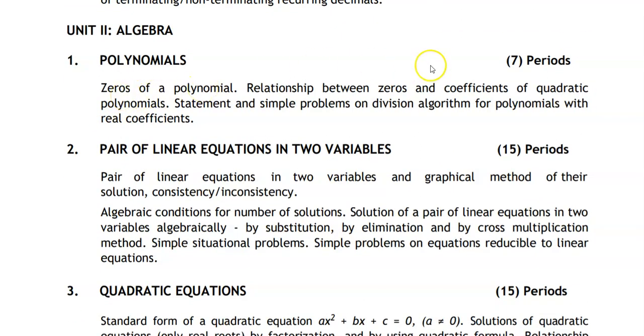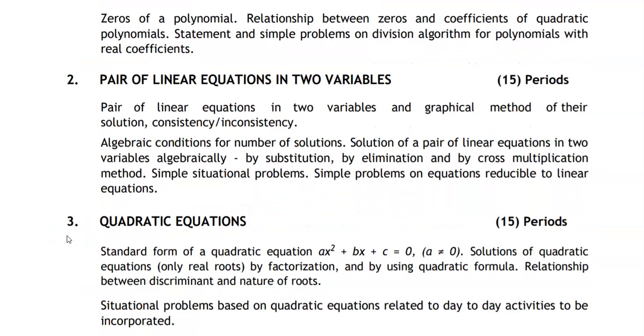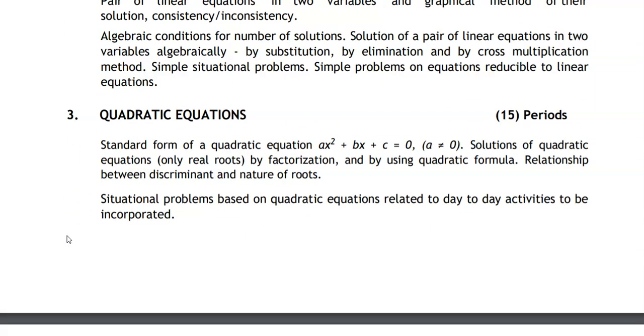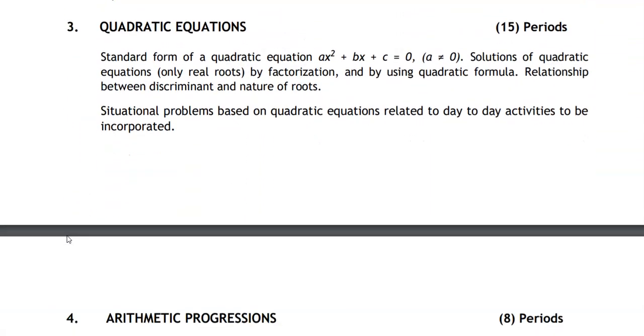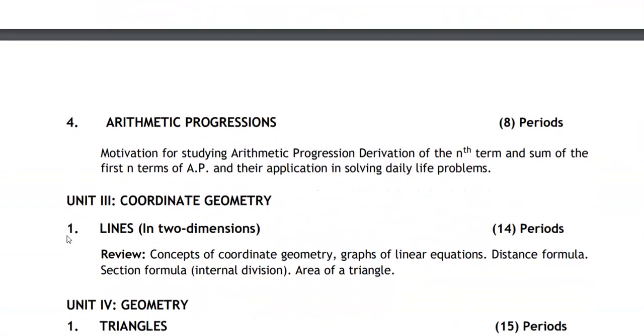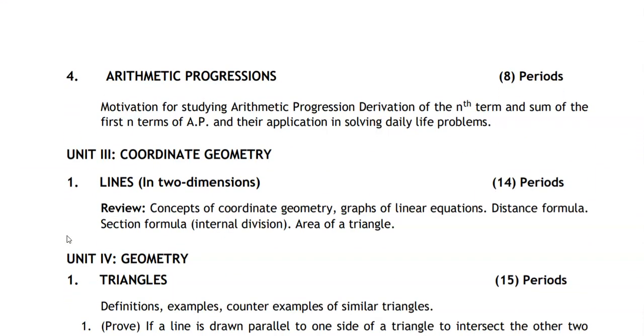In polynomials, as you can see, this is the syllabus we are going to study. And then pair of linear equations in two variables, and then quadratic equations, and then arithmetic progression, and then unit number 3, coordinate geometry.